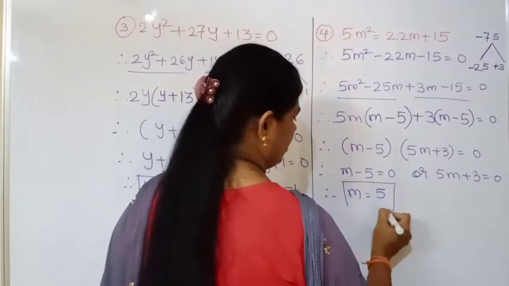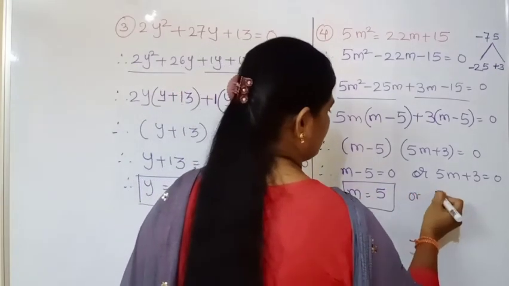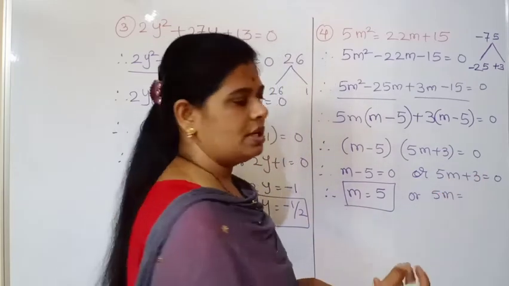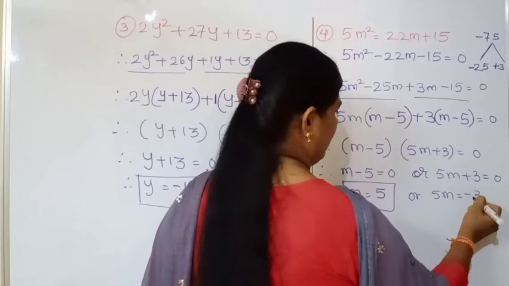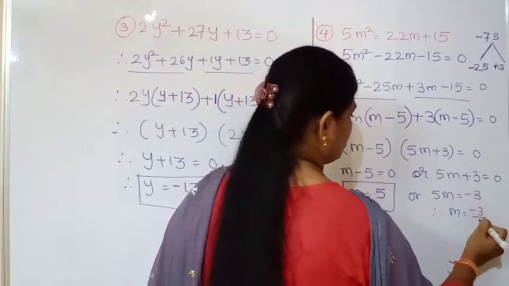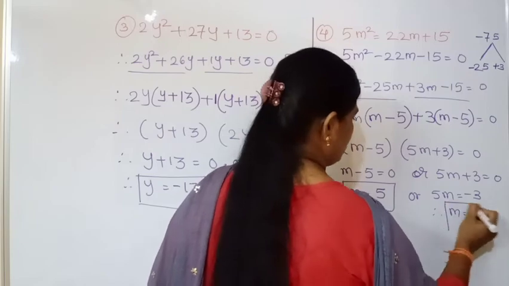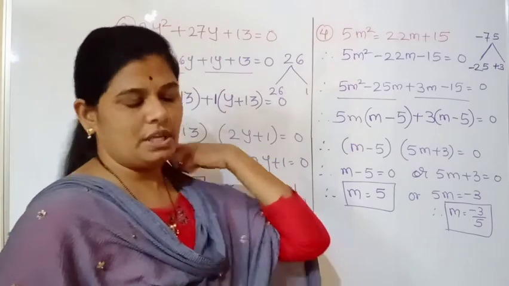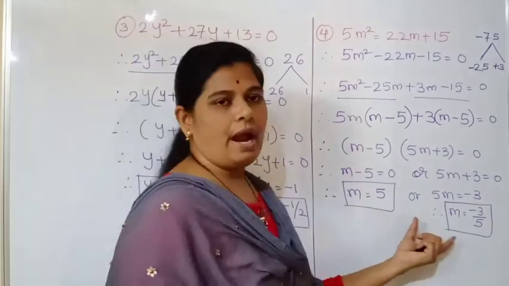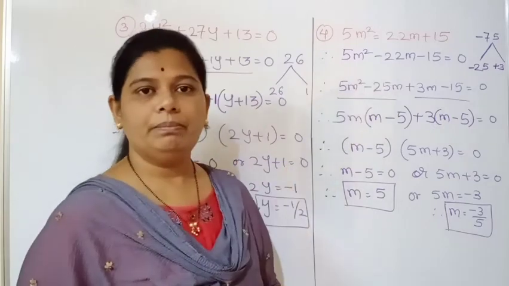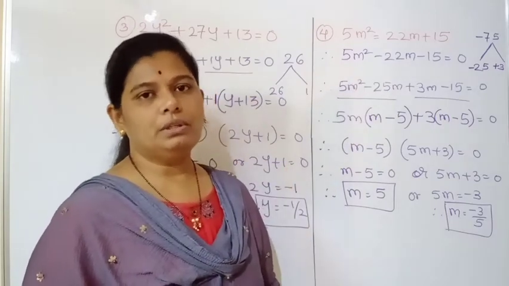So this will be our first factor, and next one, that is 5m equal to plus 3 will go towards 0, it will become minus 3, and therefore m is equal to minus 3 upon 5. So in this way we have got the two factors of this equation, that is 5 and minus 3 upon 5 are the factors of the given equation. Now we will solve the next example.